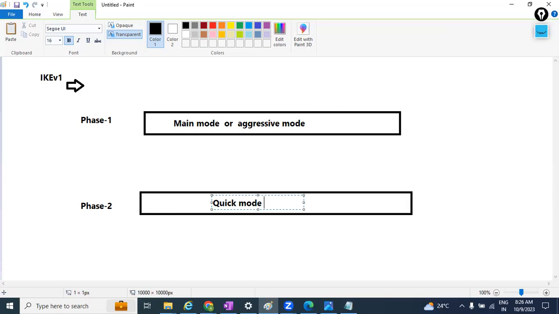Kindly note it down. Phase 1 is main mode or aggressive, and in the second one, we have only one option, which is quick mode.